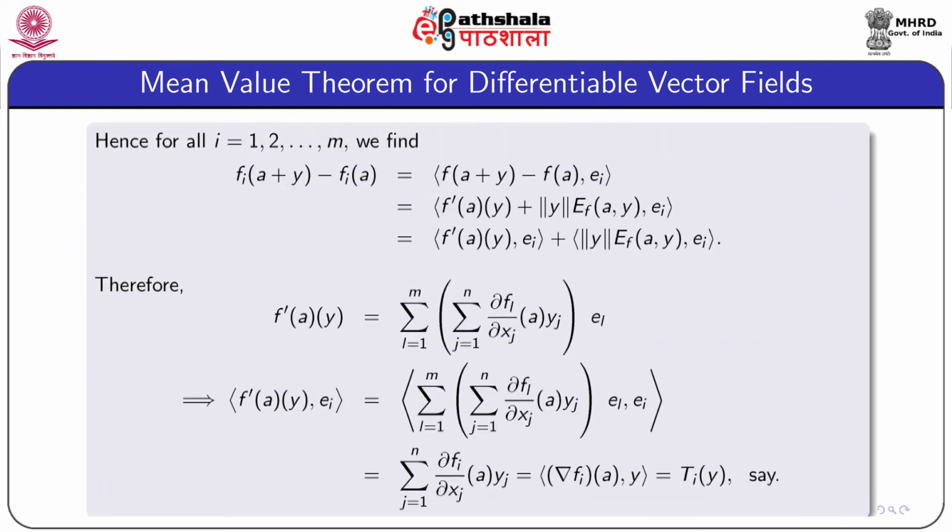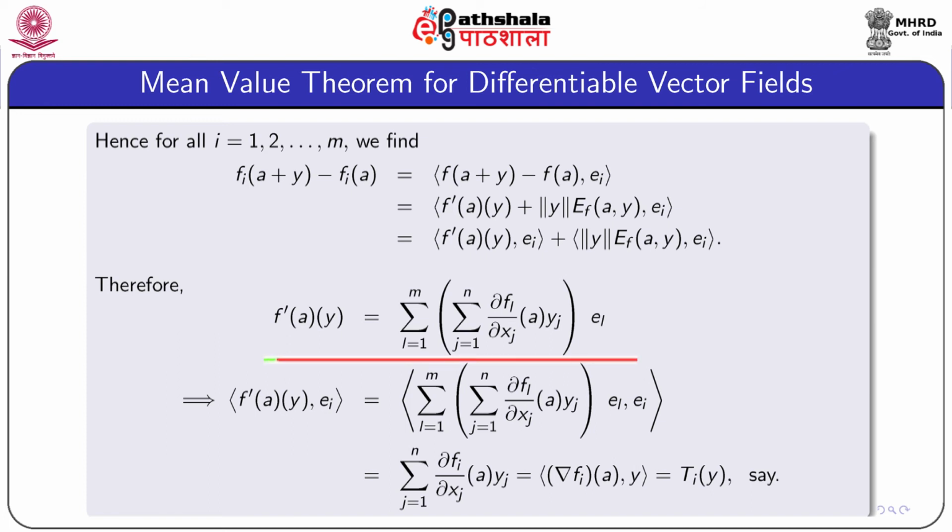Hence, for every i starting from 1 going up to m, we find Fi(a plus y) minus Fi(a) equals the inner product of F(a plus y) minus F(a) with ei. So, this equals the inner product of F'(a) y with ei plus the inner product of norm y E_F(a, y) with ei.